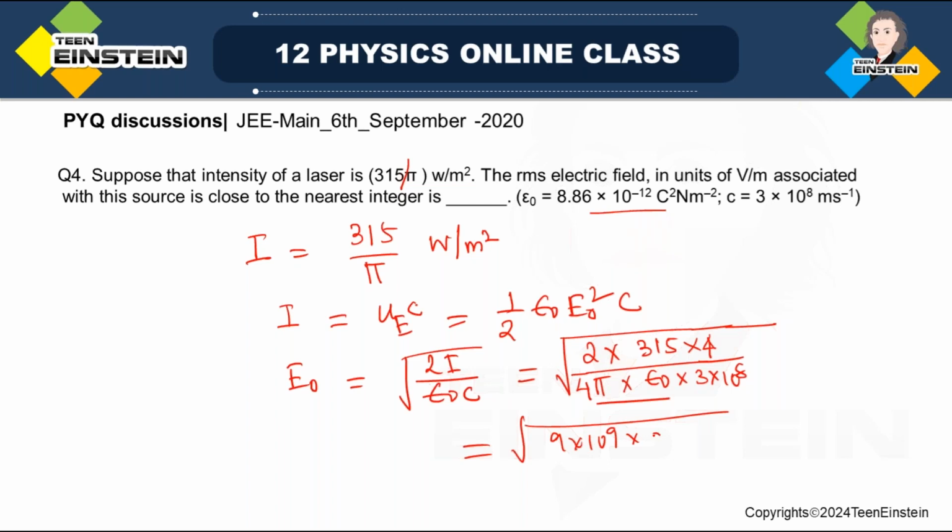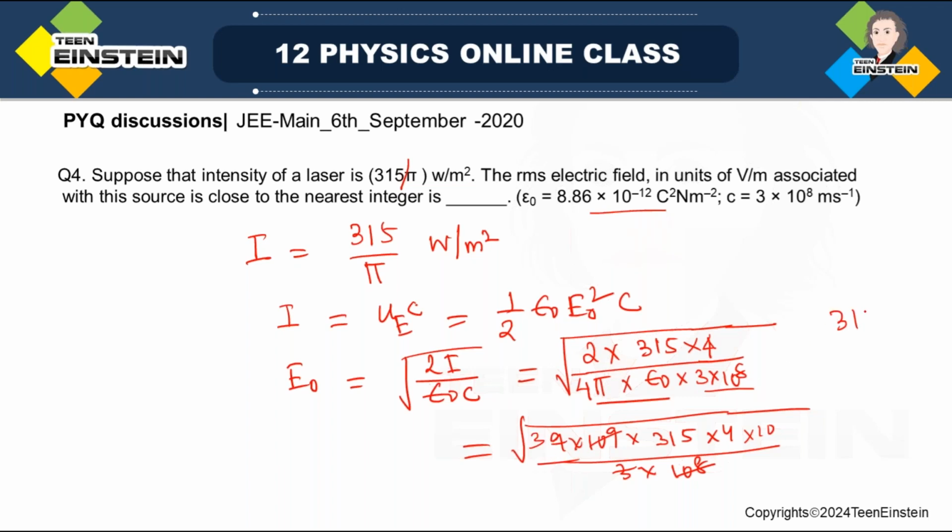Then 315 into 4 divided by 3 into 10 to the power 8. This will give you 10 here, and this will give you 3 here.